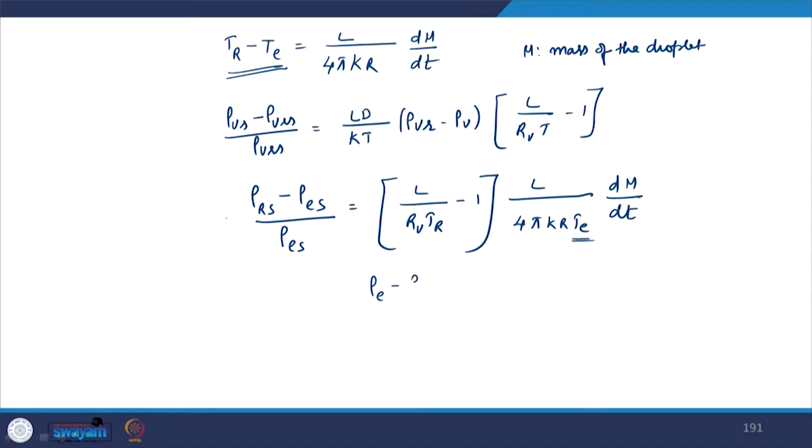Now, we know that rho_e - rho_r is 4 pi D inverse into dm/dt.